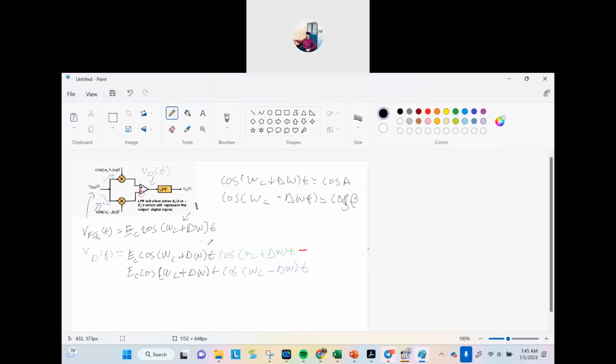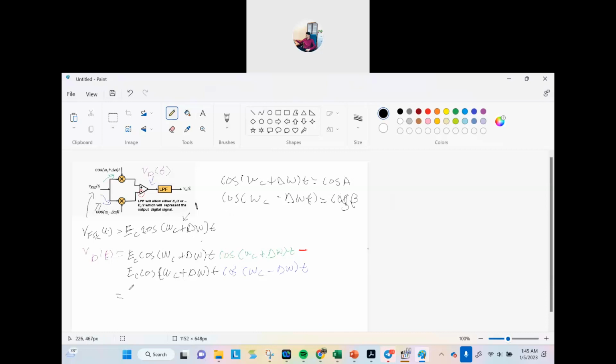This one will be cos A, and below will be cos A cos B. When you solve, you're going to have the answer. Because I have no space, you solve this. You expand, then VD(t), if your VFSK is actually bit 1, you're going to have EC.